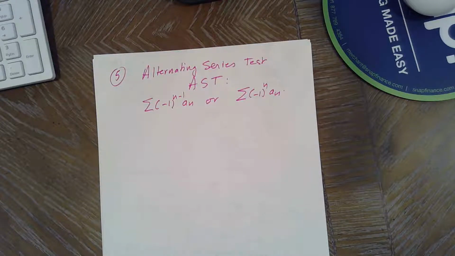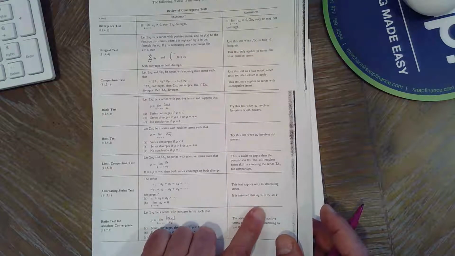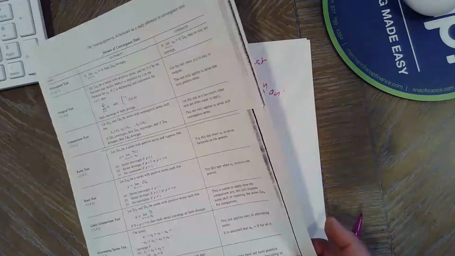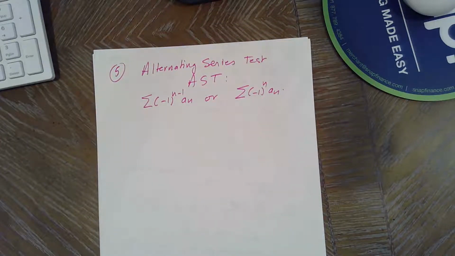Let's look at it; it's written out instead of using sigma notation. It converges if it's decreasing, a1 is greater than a2, the sequence decreases, and the limit equals 0. This test only applies to alternating series, and it's assumed that ak is positive, the term without the sign. So it has to be decreasing, and the limit has to be 0 for this to be convergent, okay?